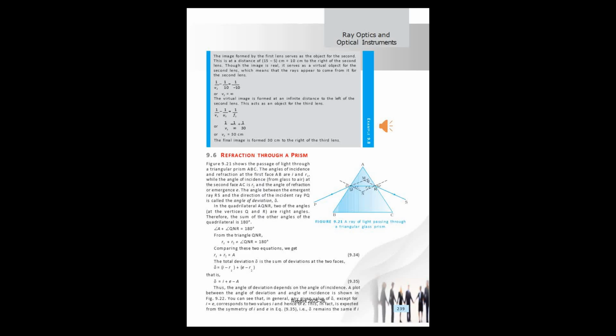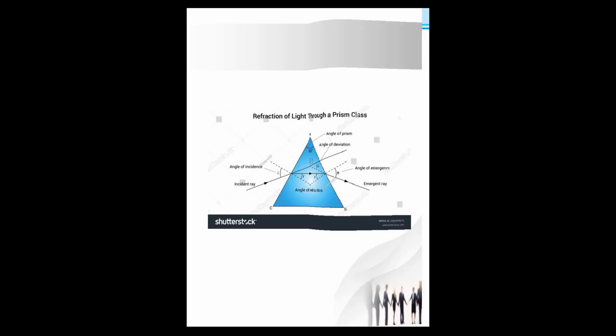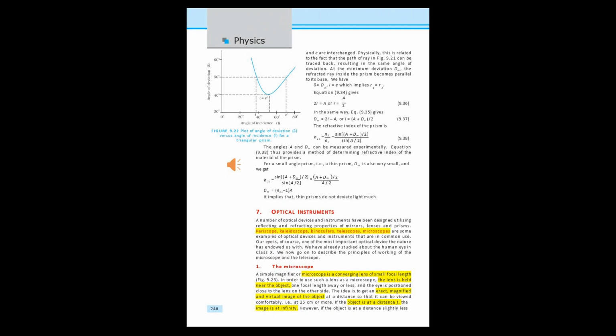This, in fact, is expected from the symmetry of i and e in equation 9.35, that is, delta remains the same if i and e are interchanged. Physically, this is related to the fact that the path of the ray in figure 9.21 can be traced back, resulting in the same angle of deviation.